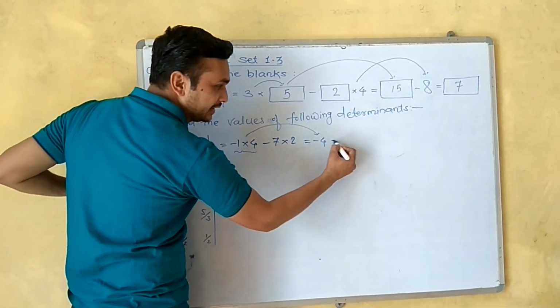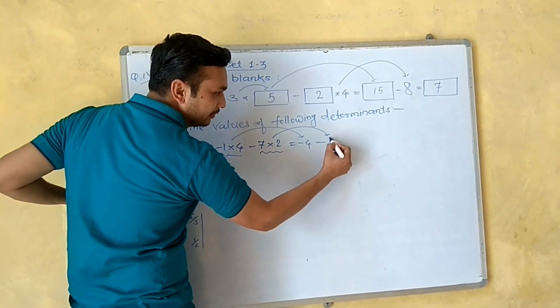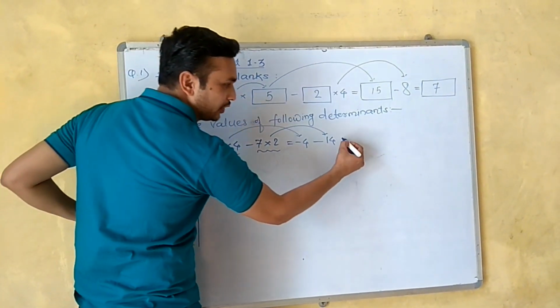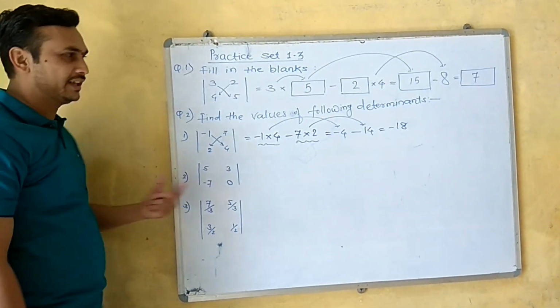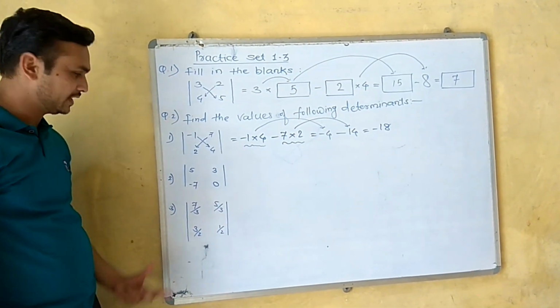This minus sign, 7 2s are 14. So minus 4 minus 14 is equal to minus 18.